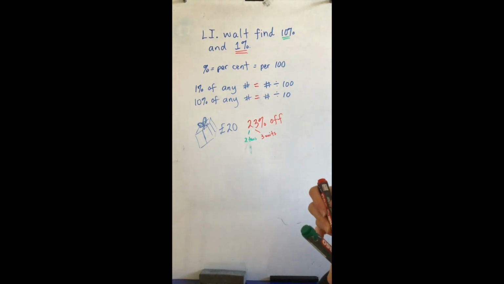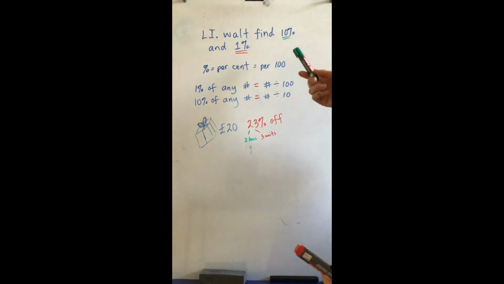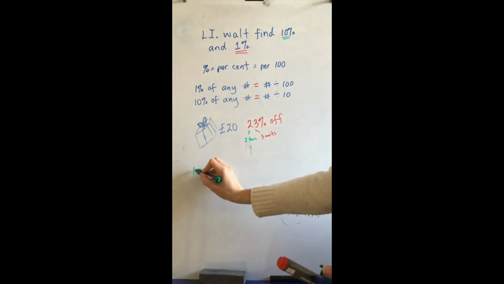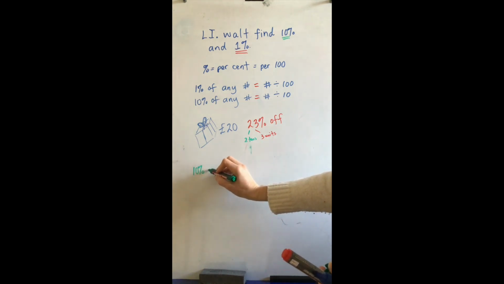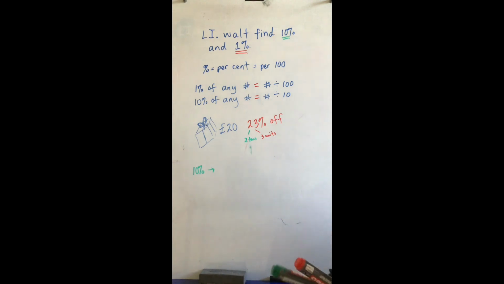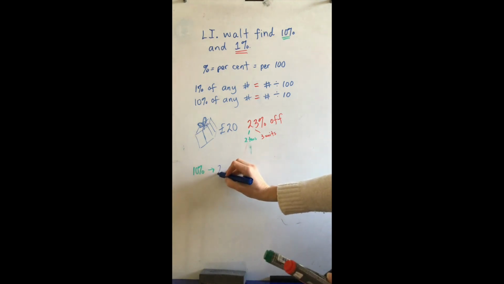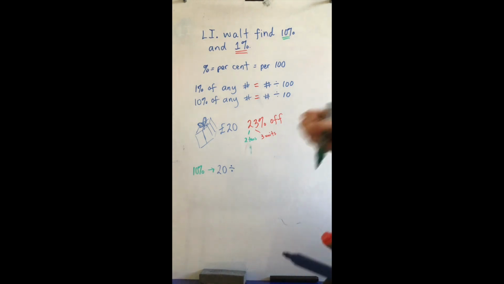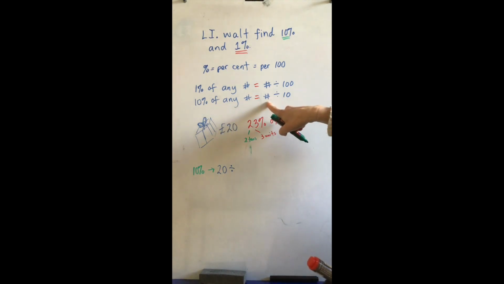All right, so first and foremost, let's find 10% of 20. So I'm going to take 20 and I'm going to divide by how much again? 10% of any number is that number divided by 10.